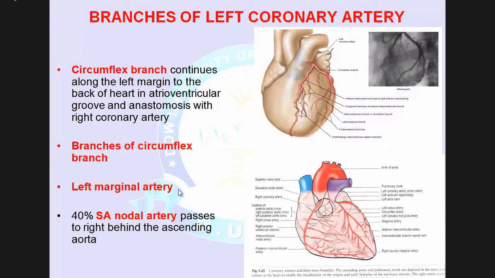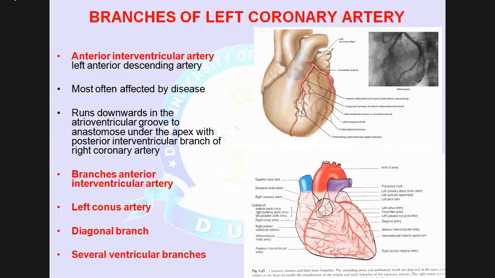The anterior interventricular, I mentioned earlier, is also called the left anterior descending. That mostly gets clogged due to atherosclerosis and may give rise to myocardial infarction in the area which it supplies. Then there are the left conus, diagonal and ventricular branches, which I've already mentioned earlier.